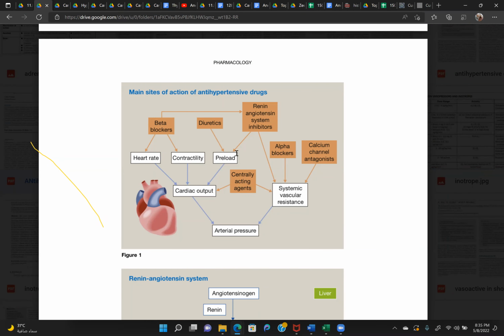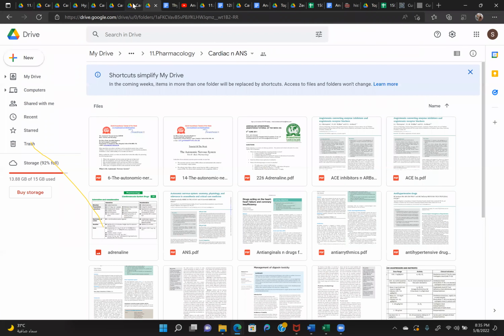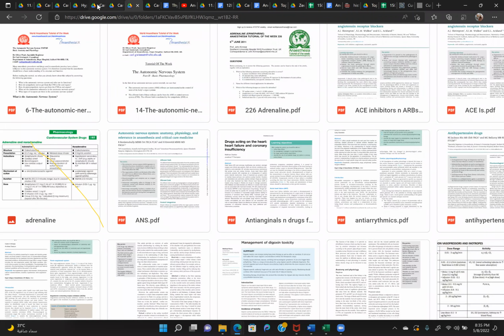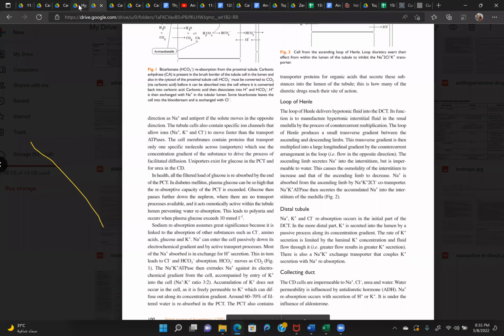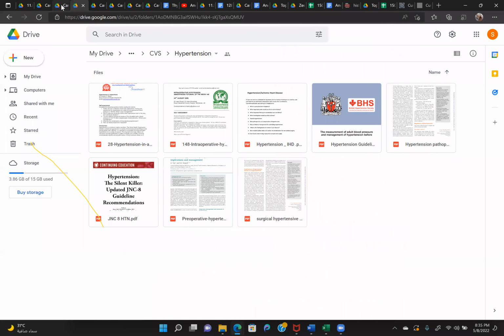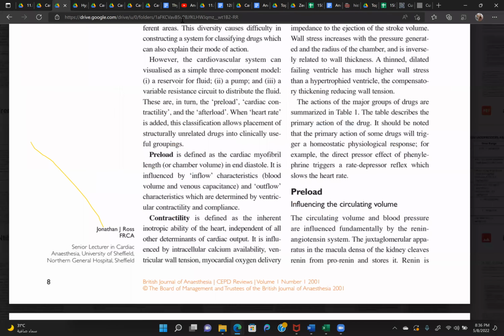So what are the important things about ACE inhibitors? What else should you be knowing? Because one is ACE inhibitors and the other is ARBs, angiotensin receptor blockers. So what is the difference between these two? The main difference is the site of action. Okay. The ACE inhibitors are blocking the angiotensin converting enzyme.